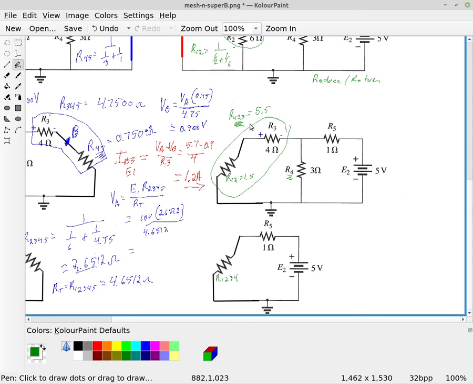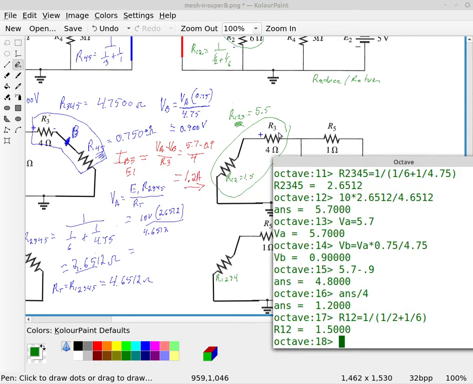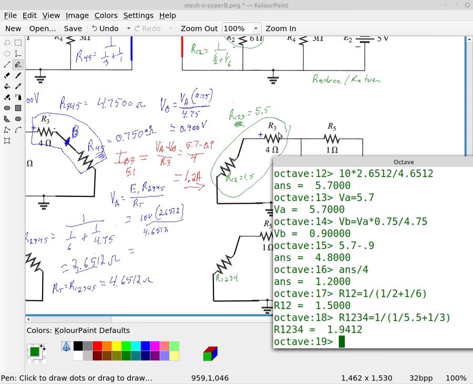And so that's a 5.5 in parallel with a 3, which is 1.9412.